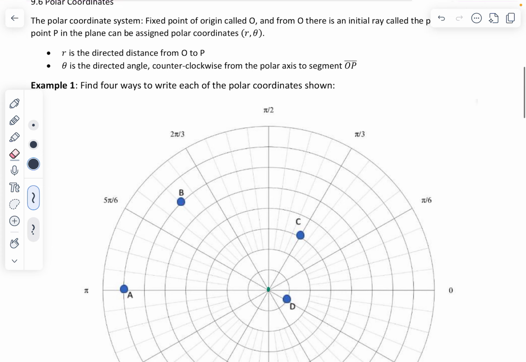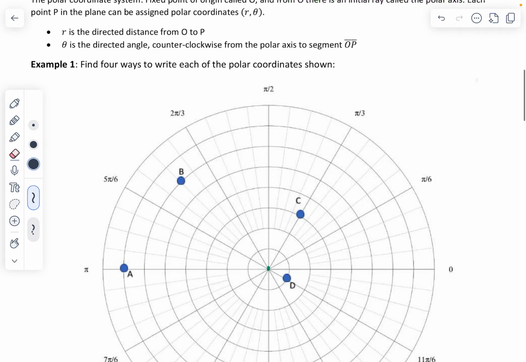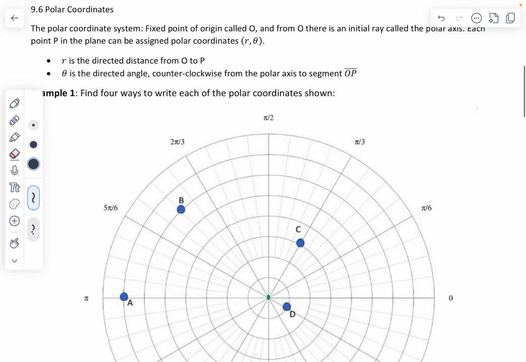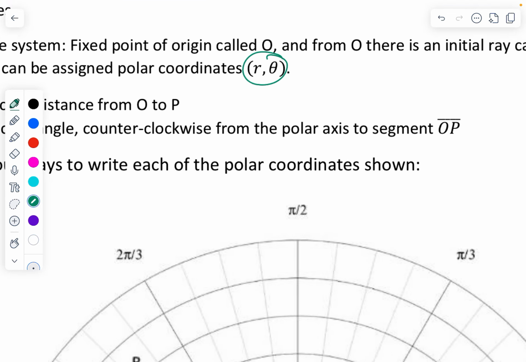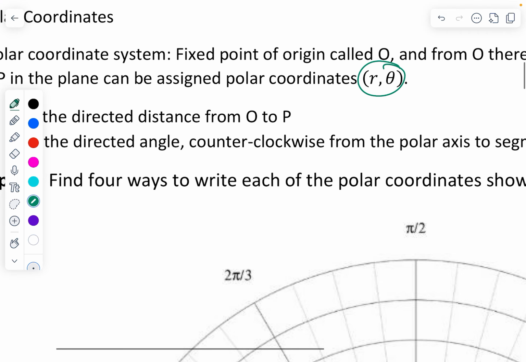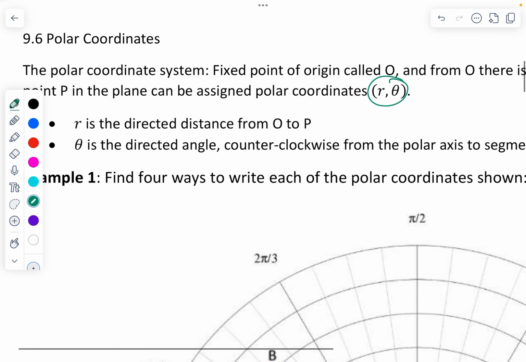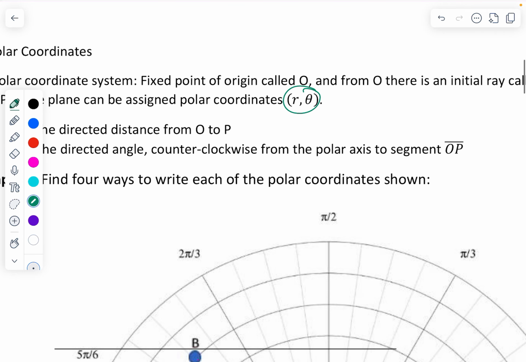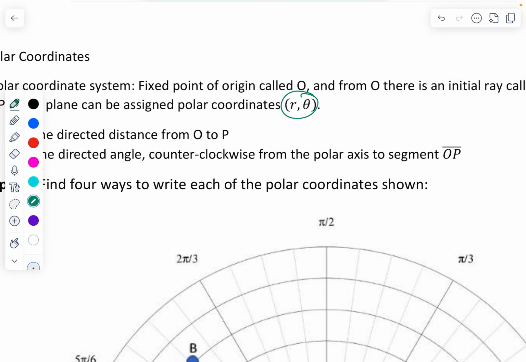So again, instead of using x and y, we're going to use the two variables r and theta, where r is the distance from 0 to the point, and theta is the directed angle counterclockwise from the polar axis to segment OP, which is the origin to the point.